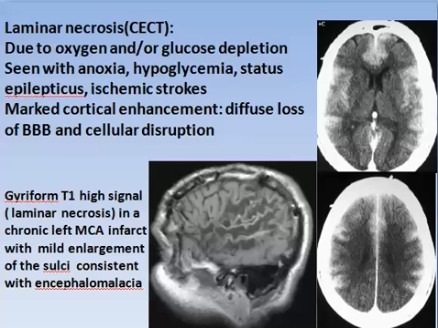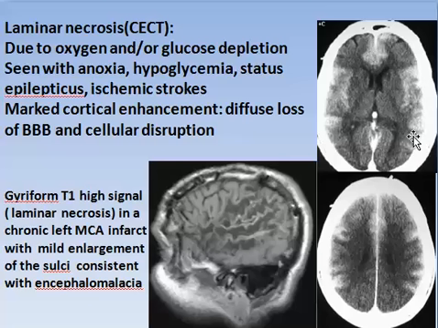Again, in infarcts, sometimes we will get lack of oxygen, lack of glucose, or anoxia, hypoglycemia, status epilepticus, ischemic strokes. We get marked cortical effacement and diffuse loss of the blood-brain barrier, and after contrast, we get enhancement of this due to loss of the blood-brain barrier.